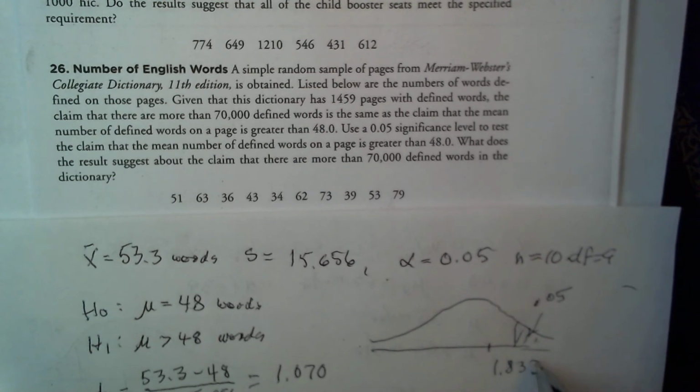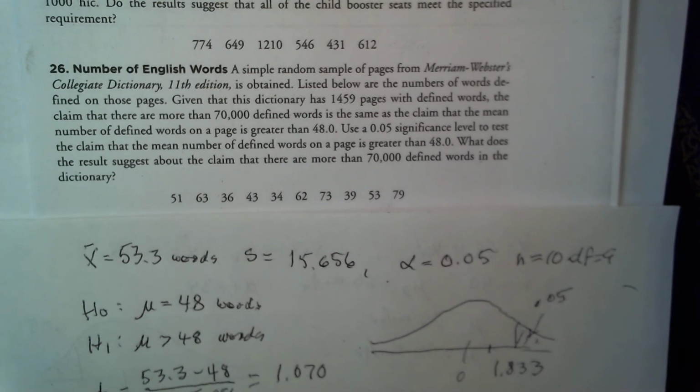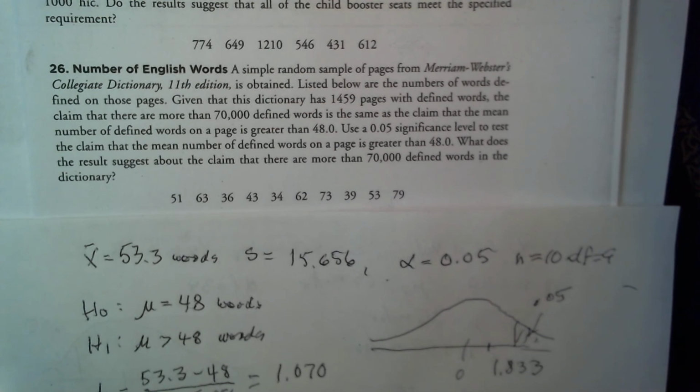If this is 1.833, here is 1.070. So here's 0. So we are not in the rejection region, which tells us to fail to reject the null hypothesis.